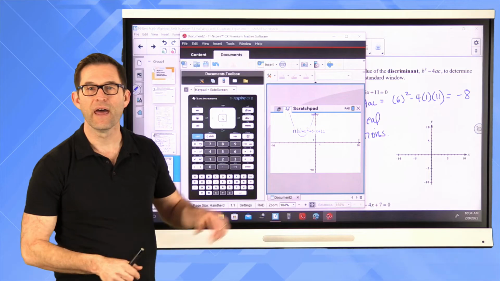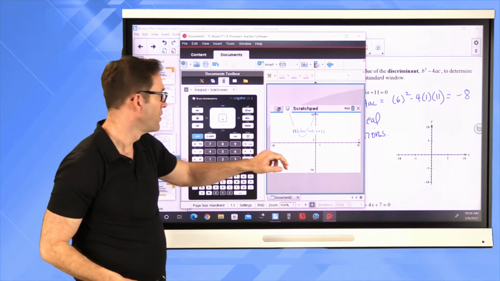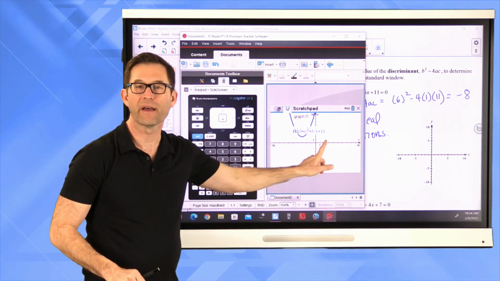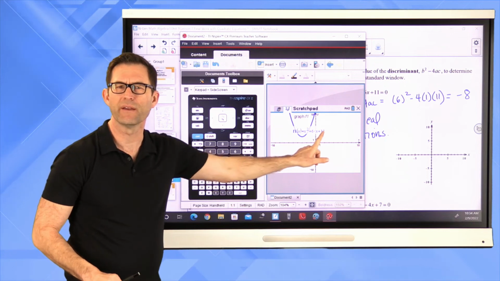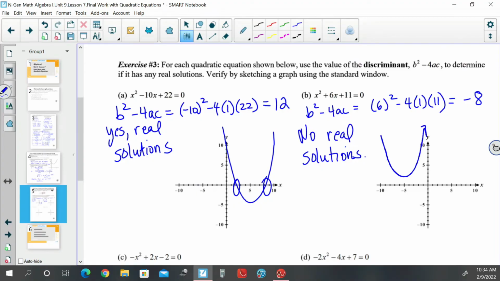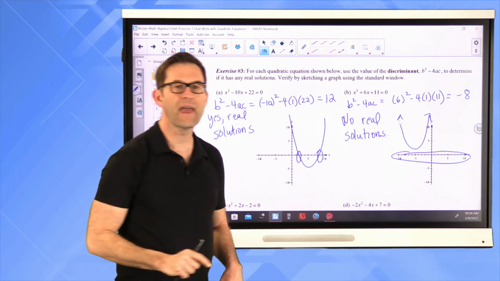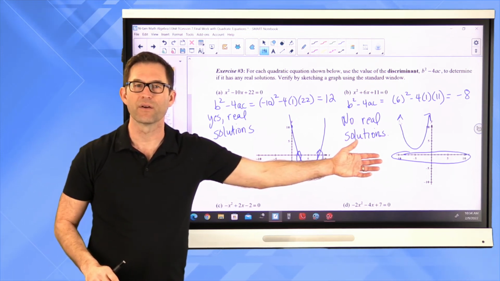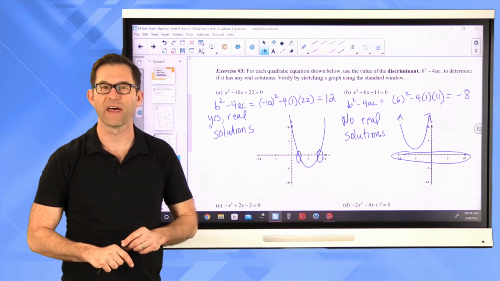Now my parabola comes down and then misses my x-axis, never hits it. So let me just do a little sketch. It never hits this axis. And again, keep in mind that's where the equation would be equal to 0. The equation would be equal to 0 wherever it hits that axis.